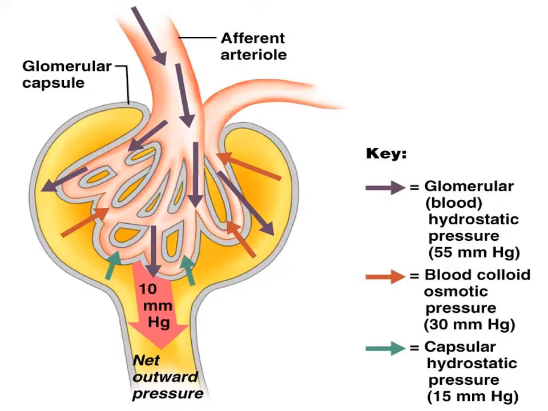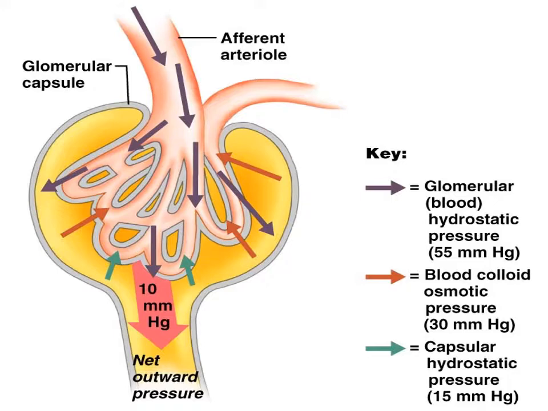Capsular hydrostatic pressure. This is a function of water in the capsular space as well. The water here is pushing against the capillary wall, creating its own force. But again, this is a pressure pushing into the capillary, and also it cannot be easily changed.